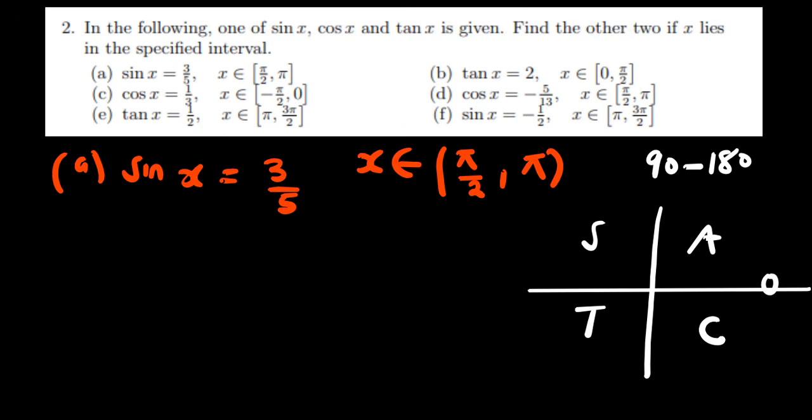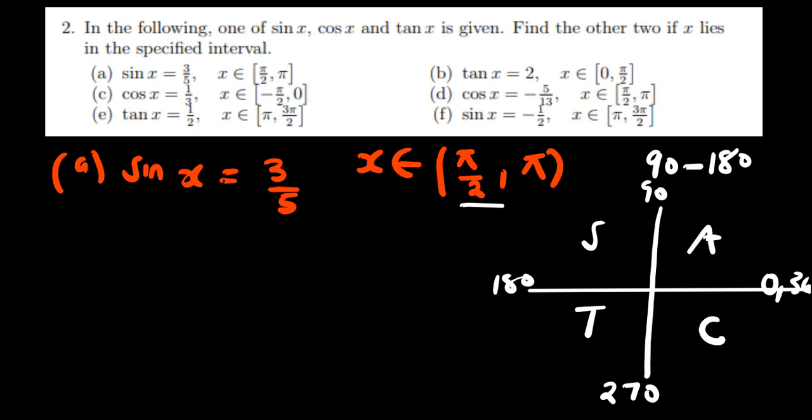Allow me to call this 0, 360. This will be at 90, this at 180, and this at 270. Now we have an angle between 90 and 180, so it's somewhere here, and in here sine is positive. That is very important for you to know.